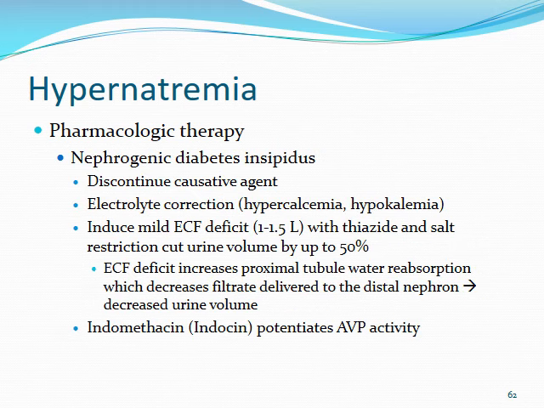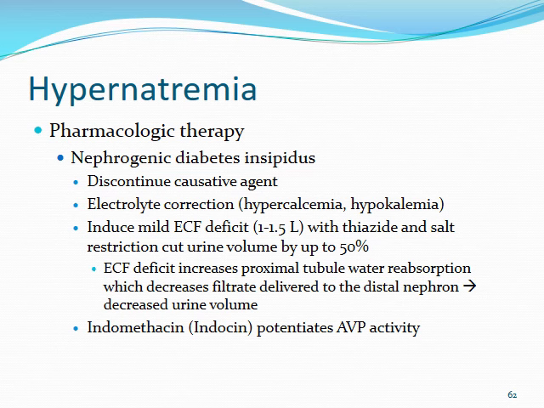If you have a patient who has nephrogenic diabetes insipidus, you can obviously discontinue the causative agent if one is available, and try to correct electrolyte abnormalities that have occurred. The real way to treat it, though, is trying to induce a mild extracellular fluid deficit, around a liter and a half, by utilizing a thiazide diuretic and salt restriction to help cut the volume of the urine.